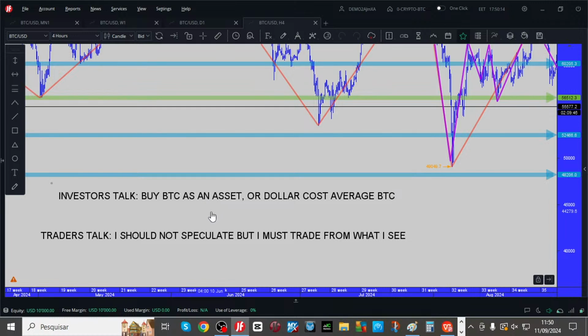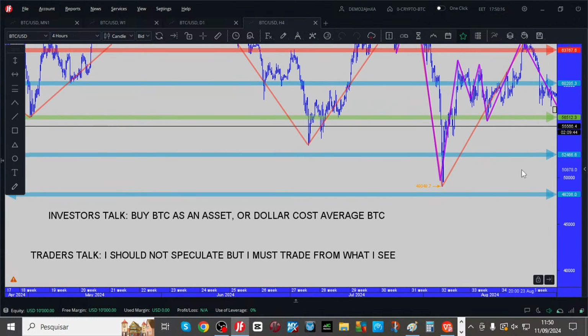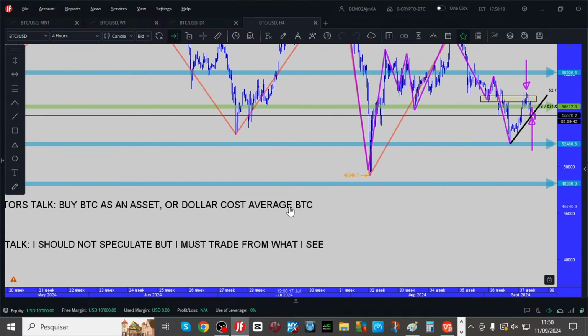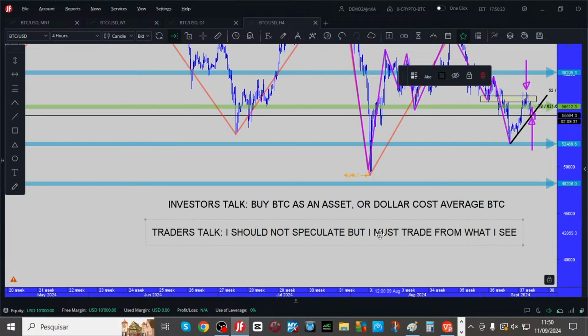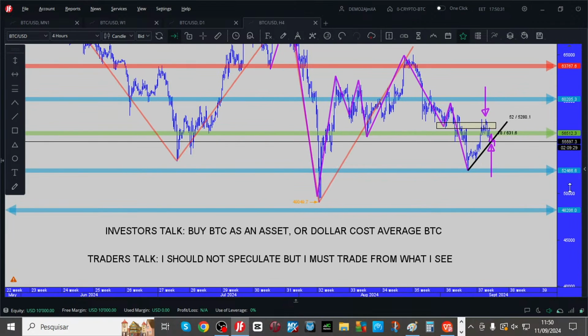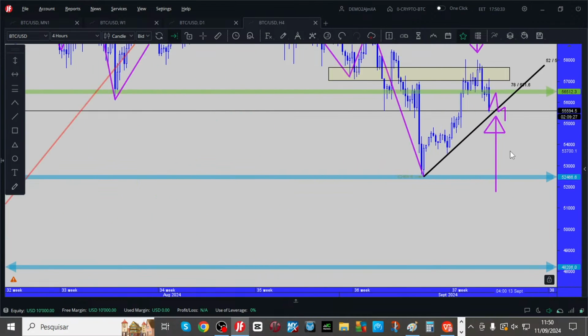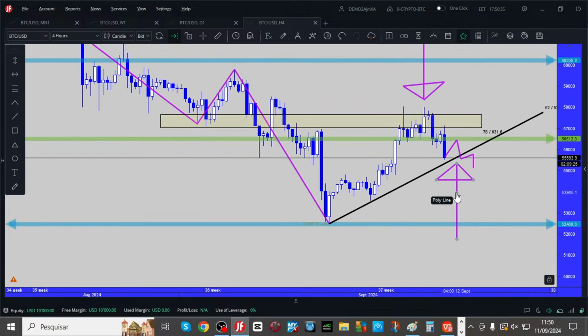An investor buys Bitcoin as an asset or dollar cost averages. So investors are speculating, make sense? Based on this and this and that. A trader says, I should not speculate, but I must trade from what I see. Those two mentalities and skills are totally different.